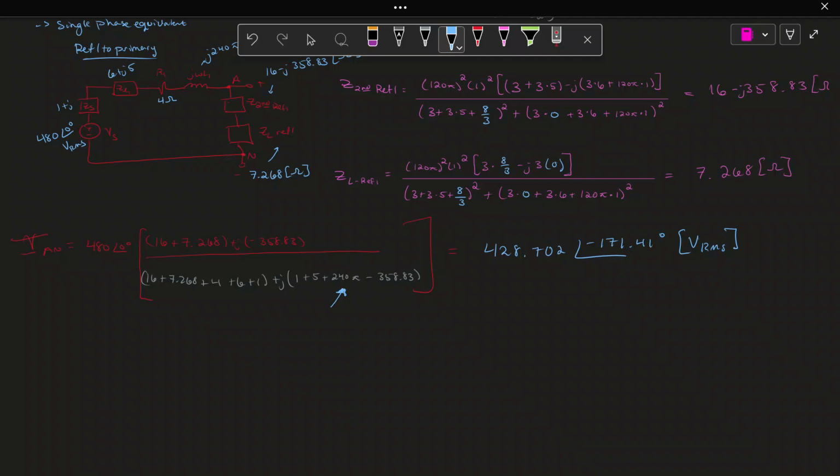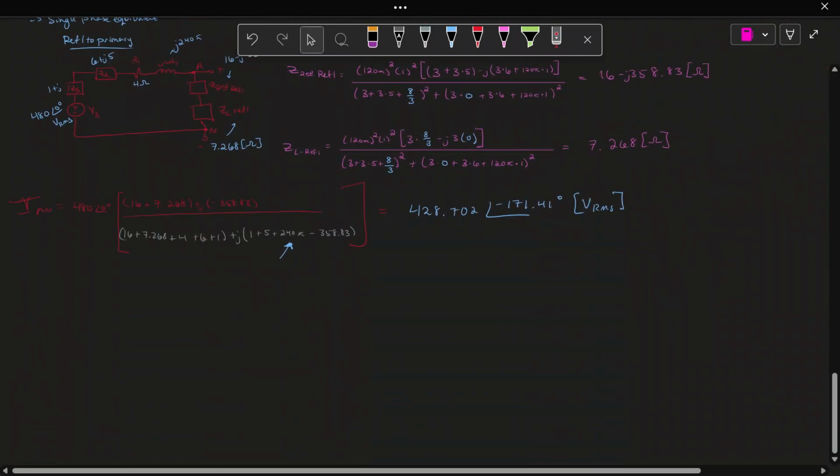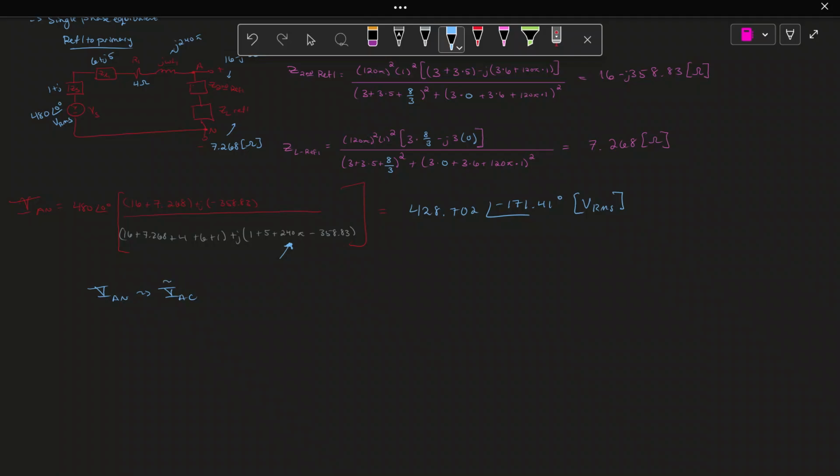So now what we have here is this voltage, right? We have this AN voltage, but we're not looking for AN. We're looking for AC. We're trying to go from VAN to VAC, right? So what are we going to do?